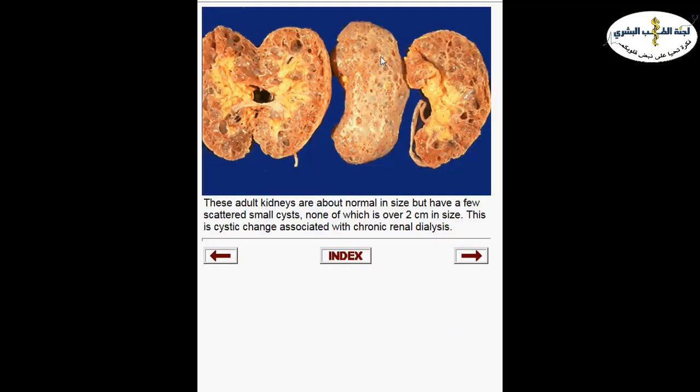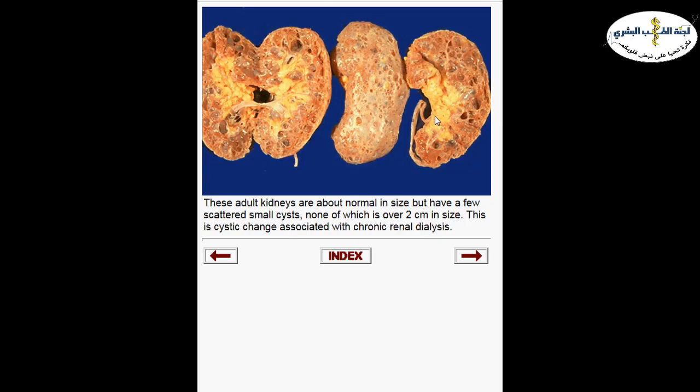Now we said we may see acquired conditions that lead to acquired cysts in the kidney. The most common cause of acquired cystic disease is renal dialysis: renal dialysis associated cystic disease.